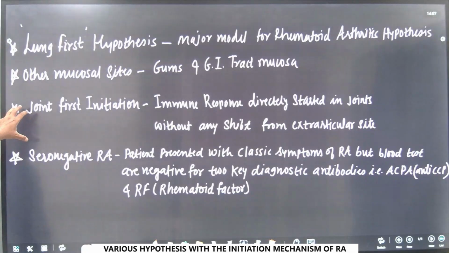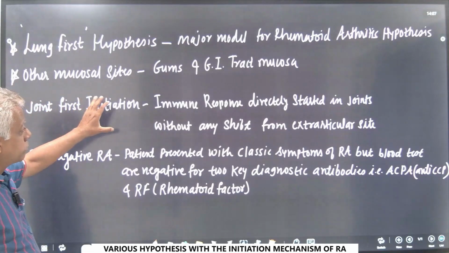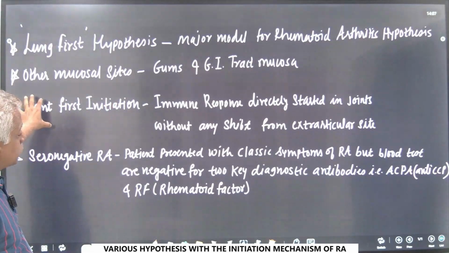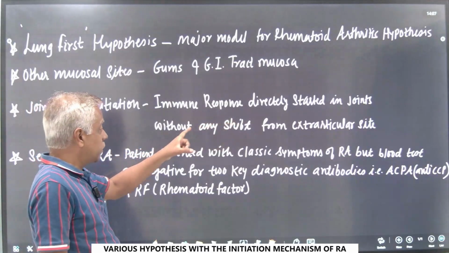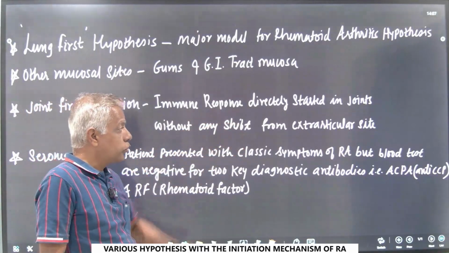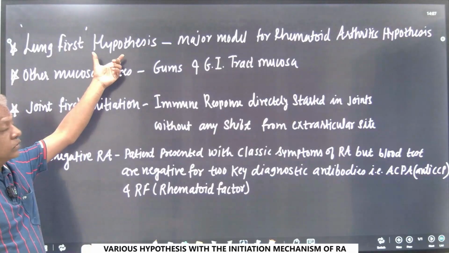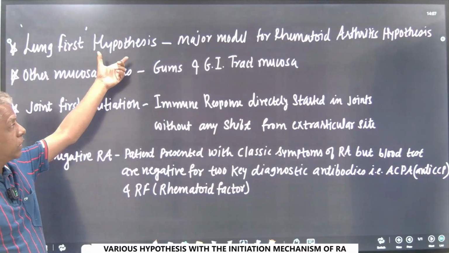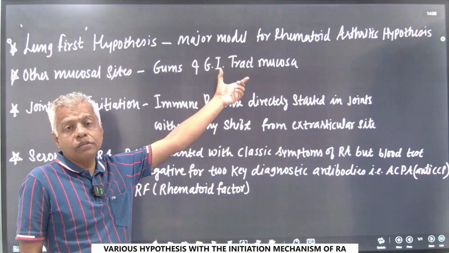Then there is one more theory, joint first initiation. In this particular category, the immune response directly started in the joint without any shift from the extra-articular side. So we have seen that here the disease is started in the lung, or it may be started in the gums, or it may be started in the GI tract.